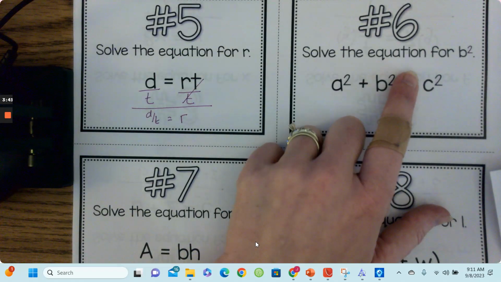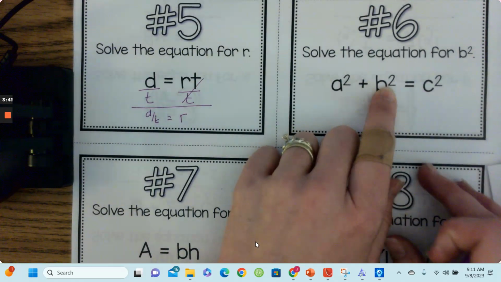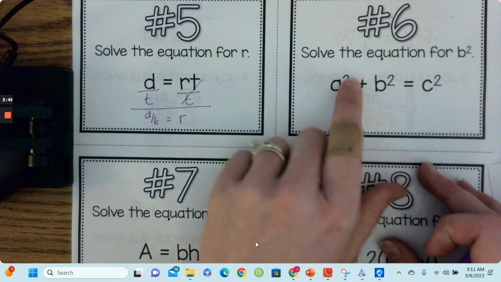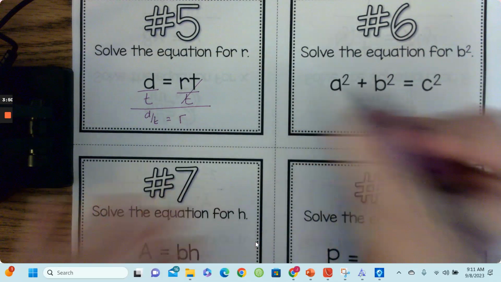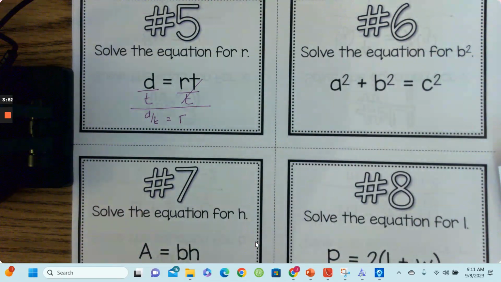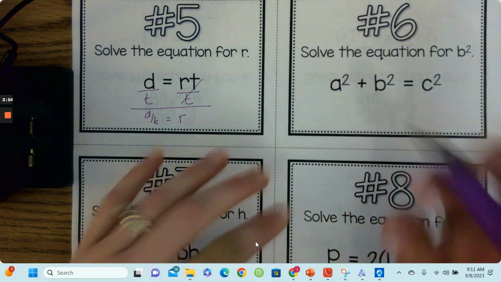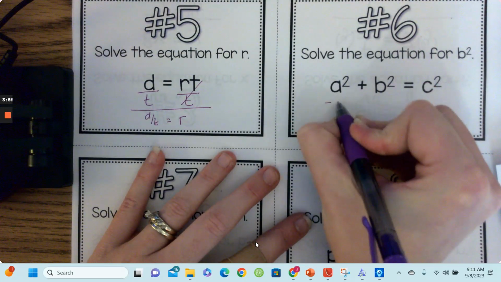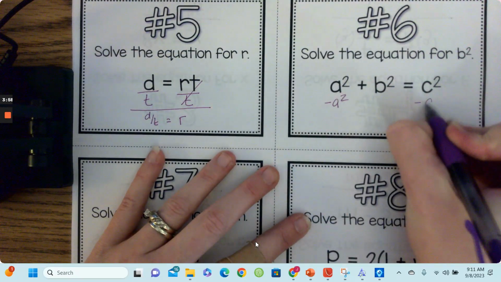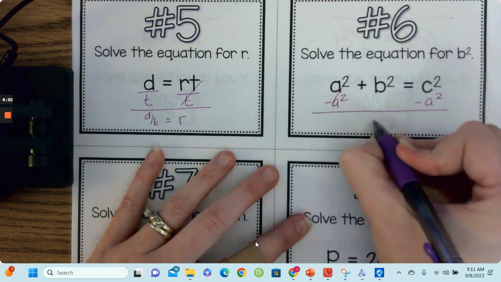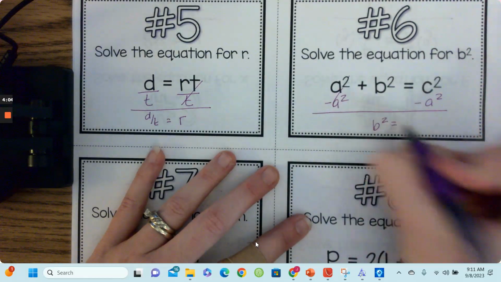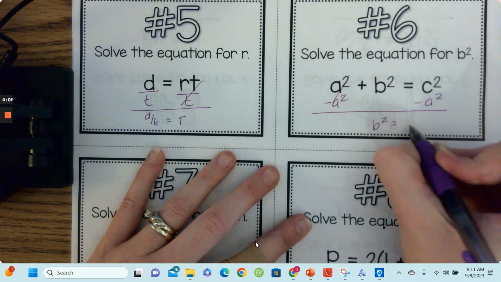All right, solve the equation for b squared. So this is addition again. So you can move an entire piece, and you just do the opposite. If you're moving a whole piece, you're either going to add it or subtract it. So in this one, it's positive, so I would subtract it from both sides. And for this one, I would write it in alphabetical order.